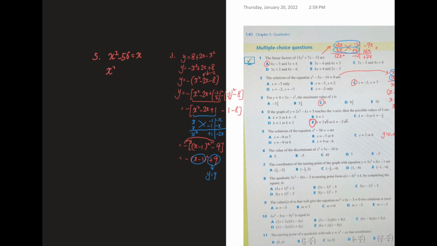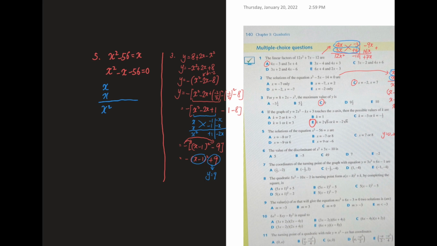So we are looking for the solution. We put all the terms on the left, then we factorize it. Okay, so let's say before I factorize, I just work out the working.